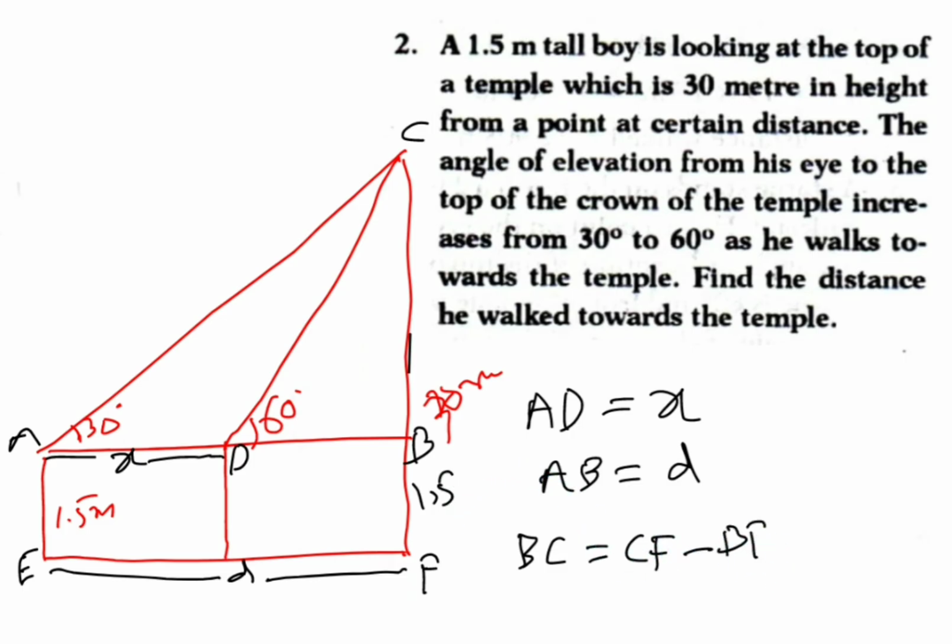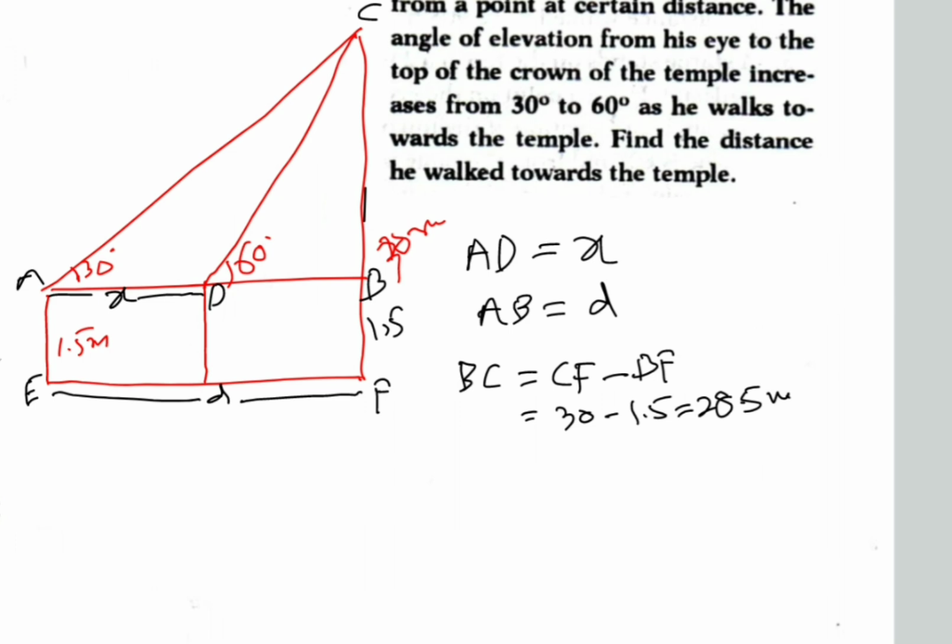So BC is 30 minus 1.5, which is 28.5 meters. Now from triangle ABC.